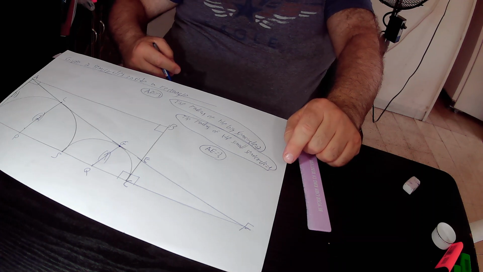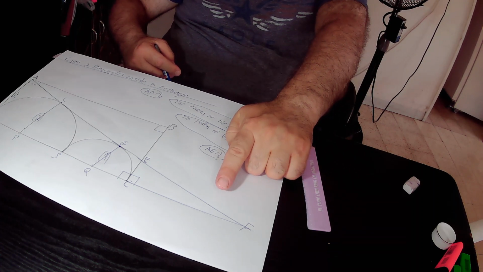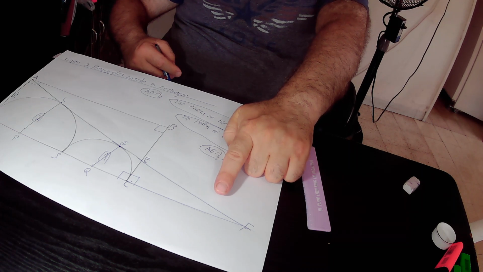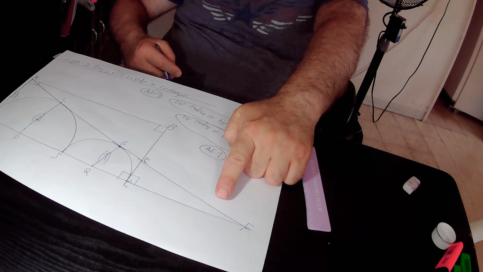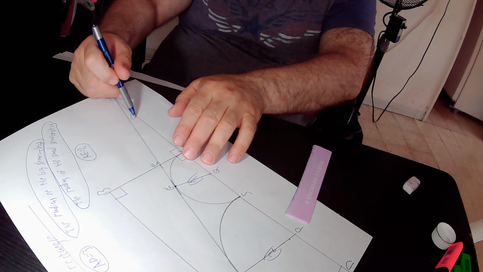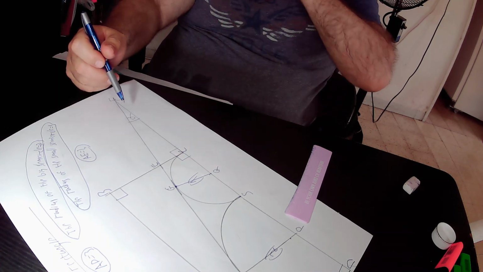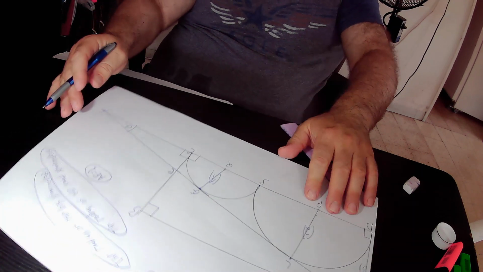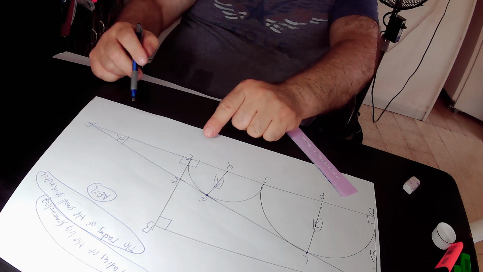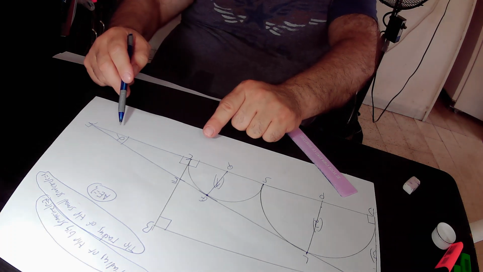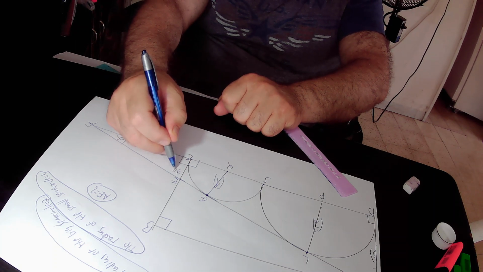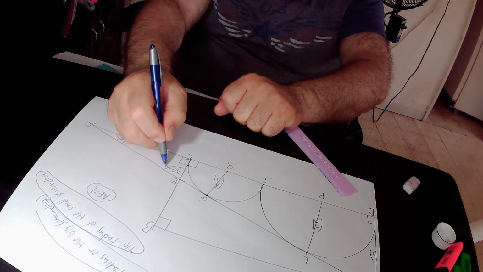In the next step, we define this angle F as alpha, and in the right triangle ECF, this angle equals alpha, this angle equals 90 degrees, therefore the missing angle must be equal to 90 degrees minus alpha.